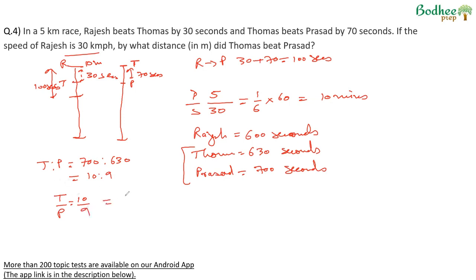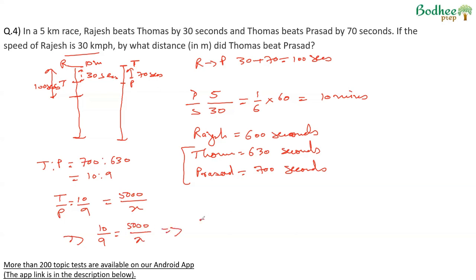To complete the race, Thomas has to run 5,000 meters. So what is the distance that Prasad will have to run? From here, we can say that ratio of speed is 10:9. So in this time that Thomas runs 5,000 meters, Prasad runs X. This will also be equal to the ratio of their speeds because the time is same.